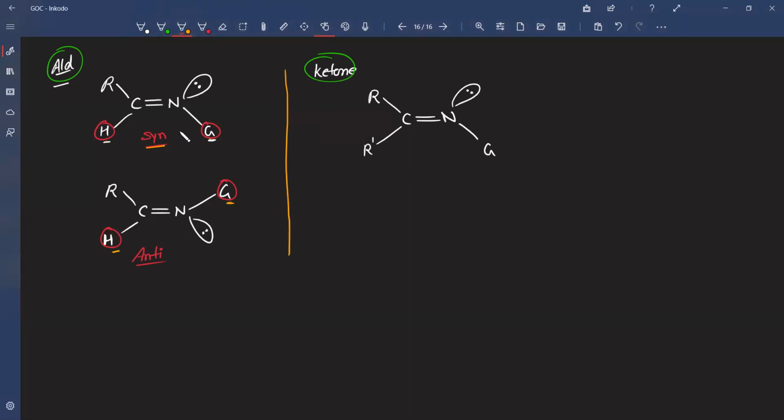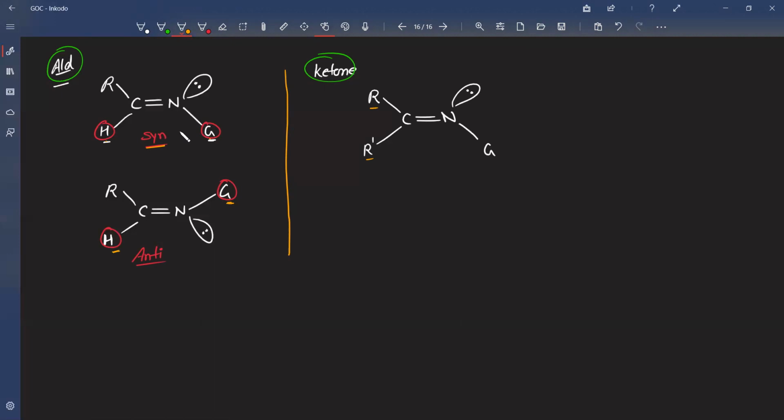But here in the second case, you don't have a fixed H on the carbon. You have R and R', and both are not fixed. It can be anything. It can be CH3, C2H5, C4H9, C5H11. It can be anything, right?